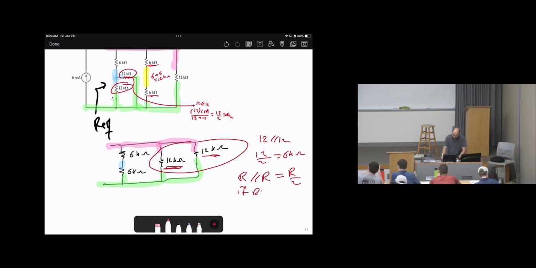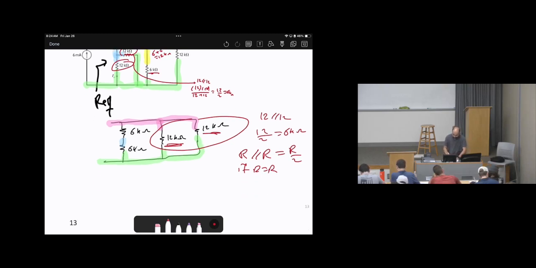If you want to use it, use it. If you don't want to, you can do the multiplication over the sum. Then the next thing, 6 and 6 in series, right? 6 plus 6, which is 12 kilo ohms.